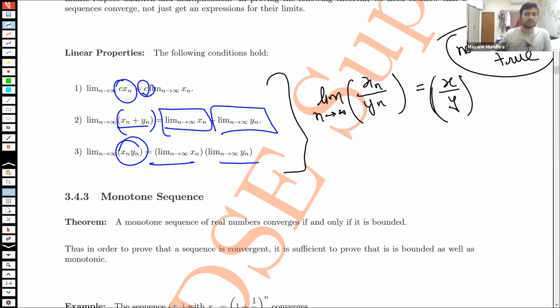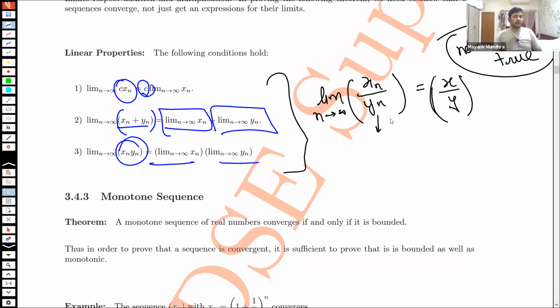Good. Okay. Yeah, so it is completely possible that yn becomes 0. Not just that, any of the elements could be 0. Even if the limit is not 0, like I told you, you can change a finite number of elements. So you can basically change a few elements and make them 0. Even in that case, the term xn by yn itself becomes undefined.